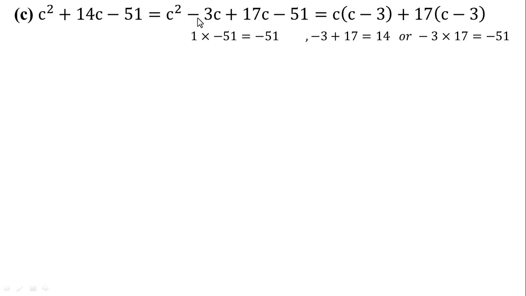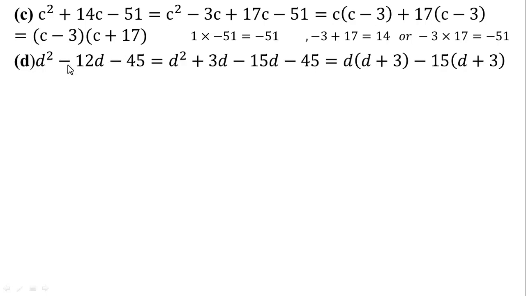Taking the common c in the first two terms, c into c minus 3, plus taking the common 17 in the next two terms, both terms are divisible by 17, so plus 17 into c minus 3. Here c minus 3 and c minus 3 is a common term. Now we have c minus 3 into c plus 17.